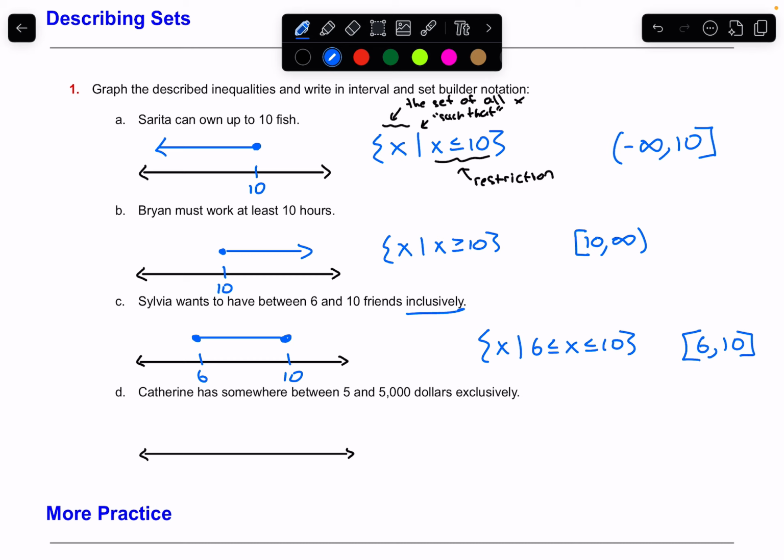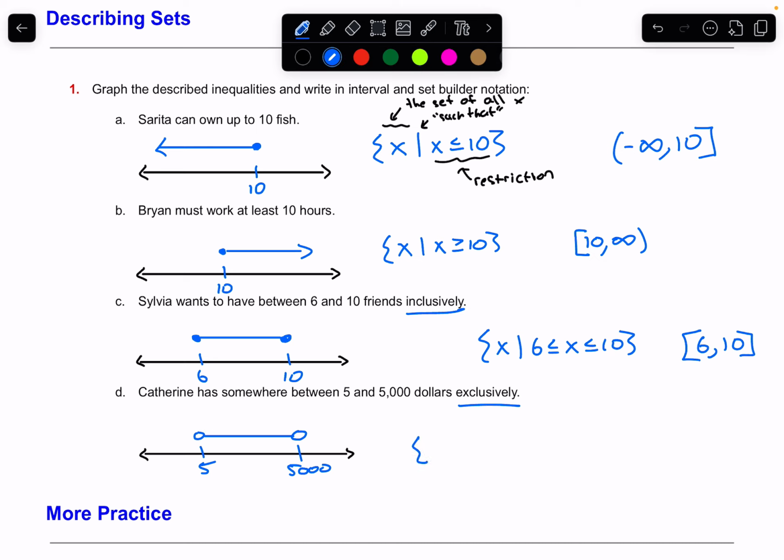Okay, part D, Catherine has somewhere between $5 and $5,000 exclusively. Exclusive means to exclude the endpoints. So I'm going to put 5 and 5,000 on my number line, but I'm going to put open dots. Okay, see the open dots right here. Open dots to represent that those are not included.